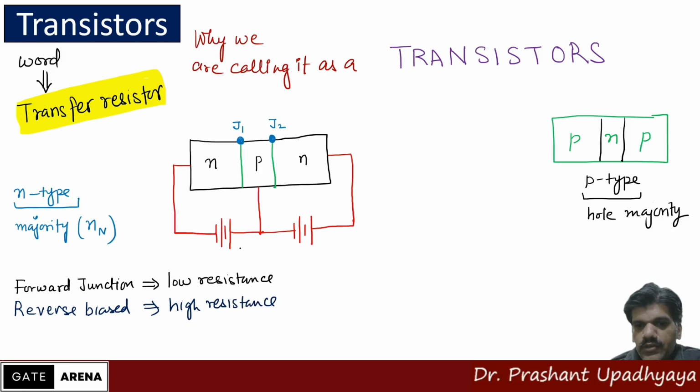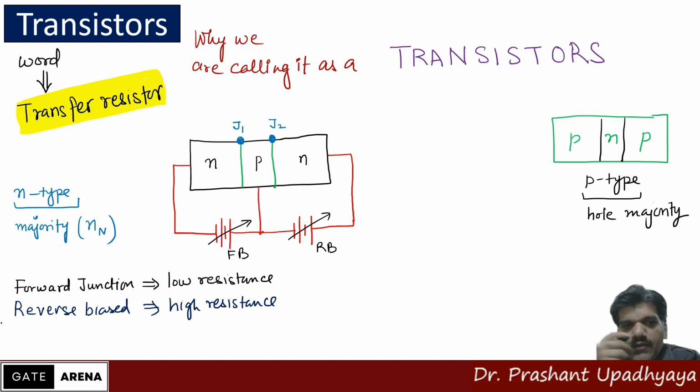Just for the sake of completeness, I am writing forward biased and reverse biased. So the forward bias condition provides a low resistance path, and the reverse bias junction provides a high resistance path.